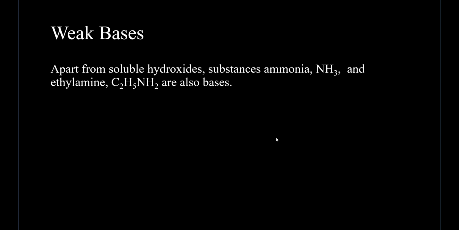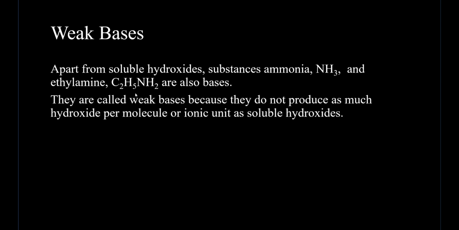And you're like, where's the OH group? I don't know if this thing is supposed to be producing a hydroxide ion in a solution that can then neutralize the hydrogen ion from an acid. Where's the OH? I don't see the OH. Another example here is ethylamine, C2H5 with the NH2 group, and those are bases. The reason that's confusing is you don't see the hydroxide. So where does the hydroxide come from? It comes from the water molecule that they react with.